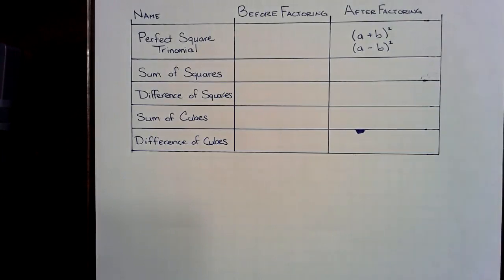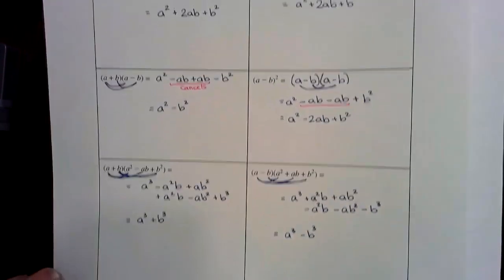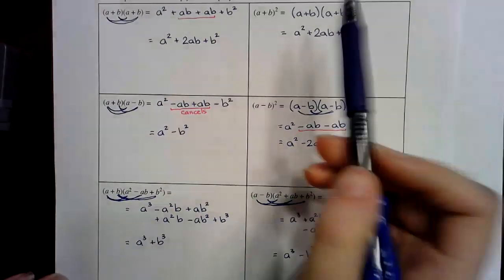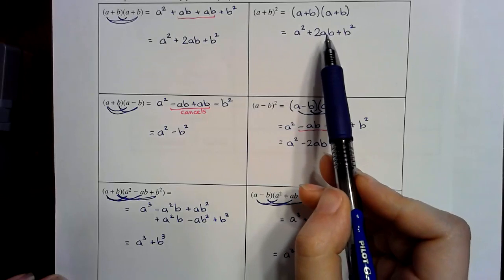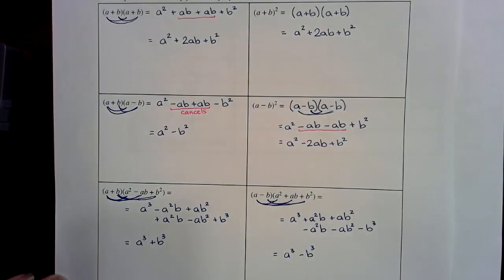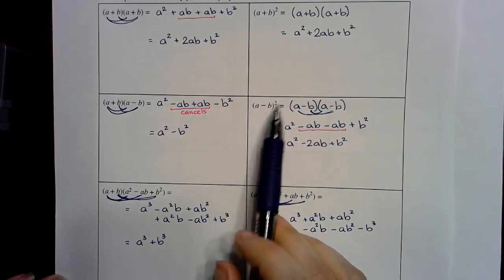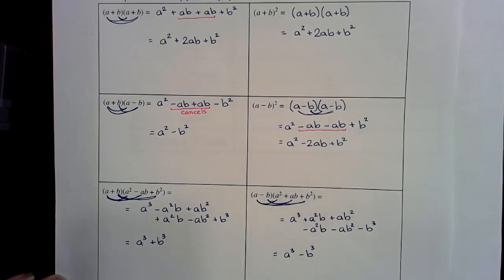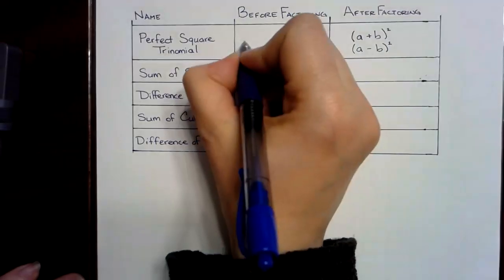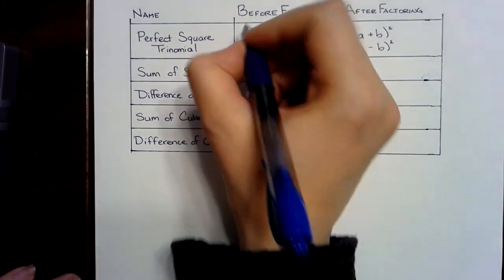And if we look back at our work, a plus b, when we square it, got us a squared plus 2ab plus b squared. And a minus b squared got me a squared minus 2ab plus b squared. So I can put those as what it would look like before factoring.